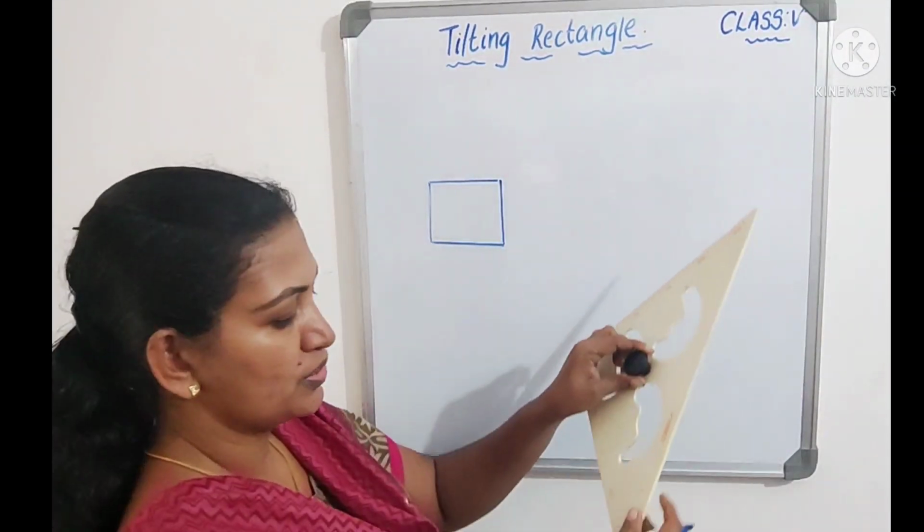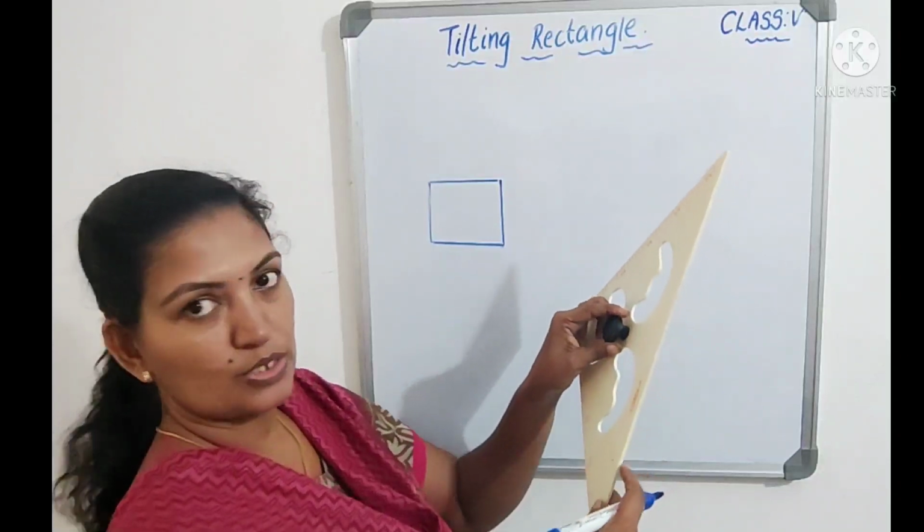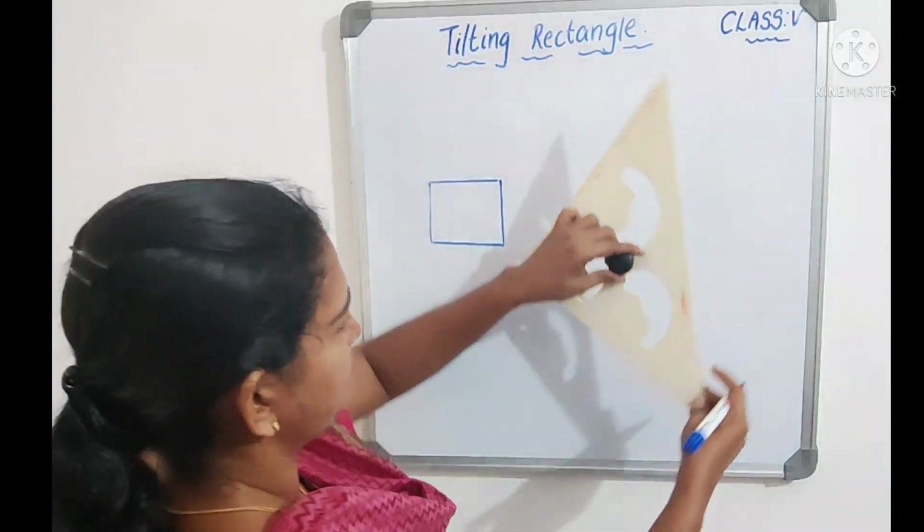Next I am going to use the other corner of the set square.